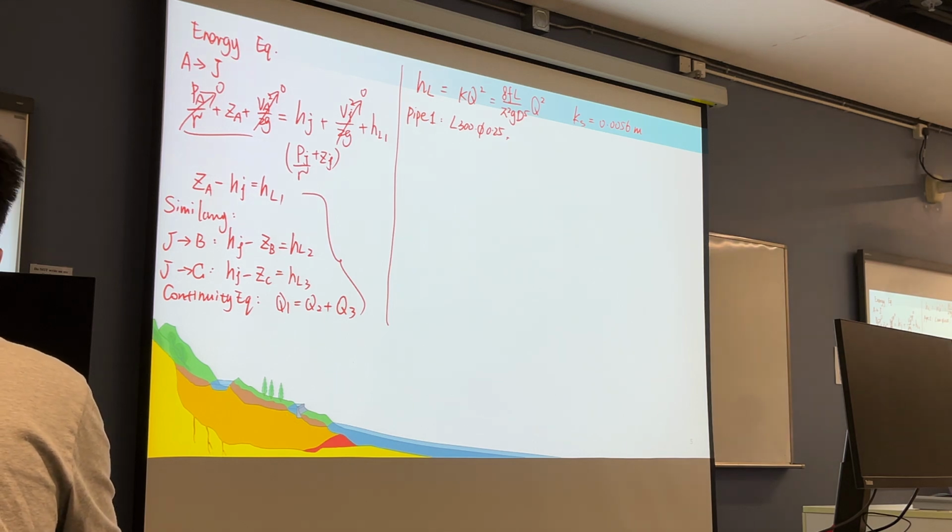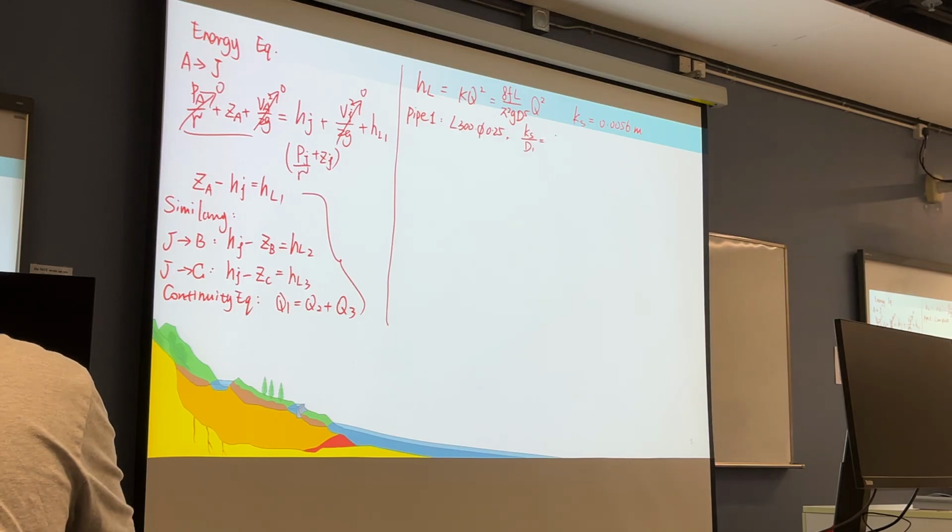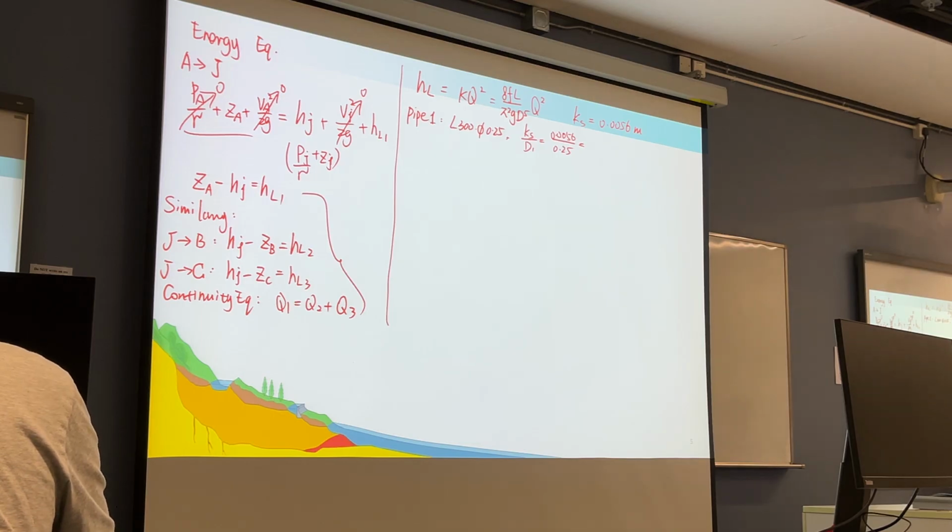So firstly, we need to find the Ks over D1, which is equal to 0.0056 over 0.25. The result is 0.0224, right?